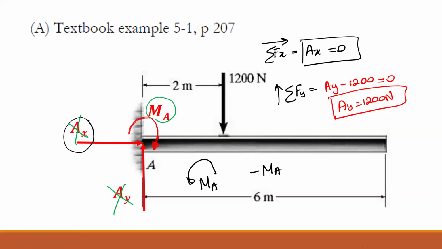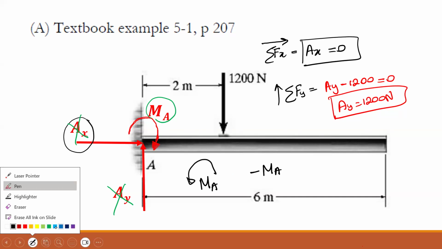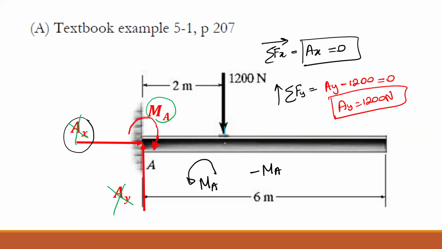And 1200 is making a moment about A. How do we find it? We extend the line of action of the force and we draw a perpendicular line from the point where we are taking the moment about, and this distance, 2 meters, is the perpendicular distance. So I can write 1200 times 2.